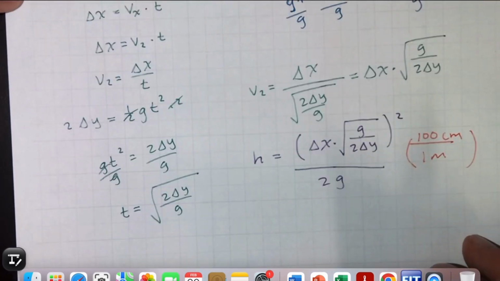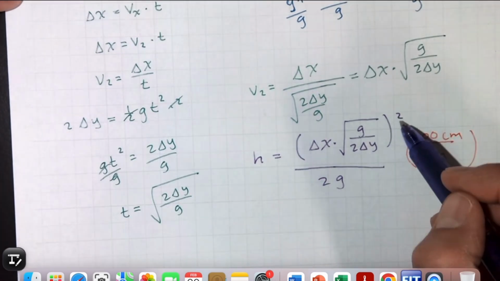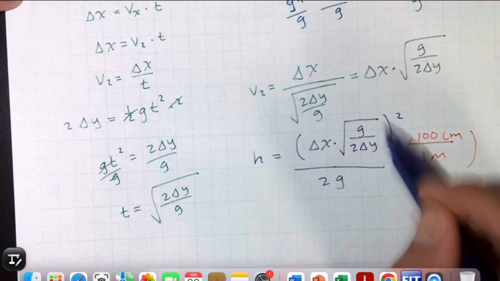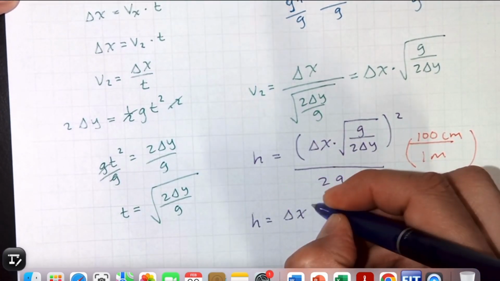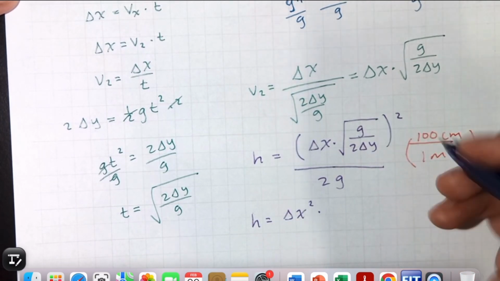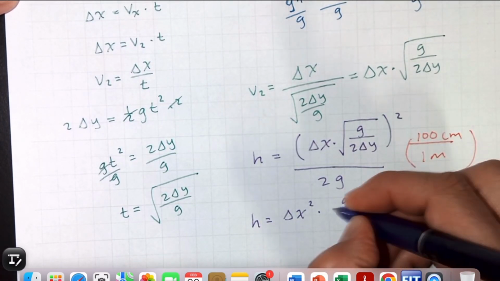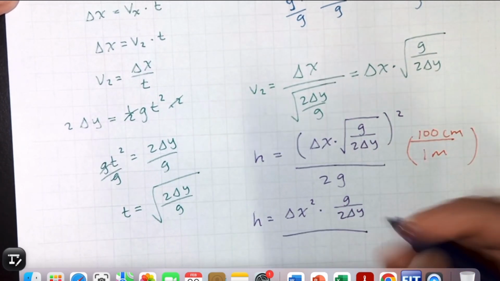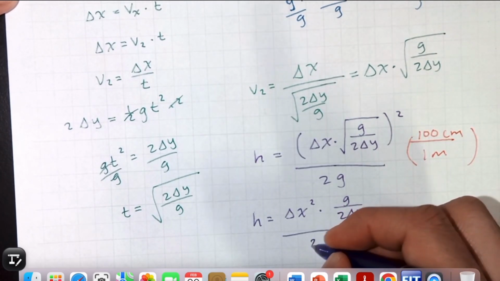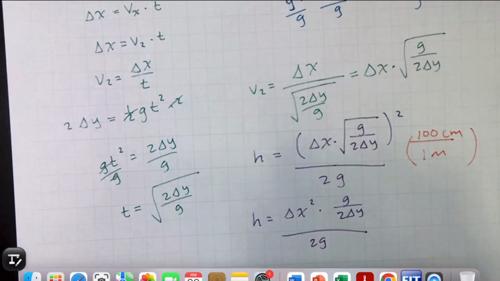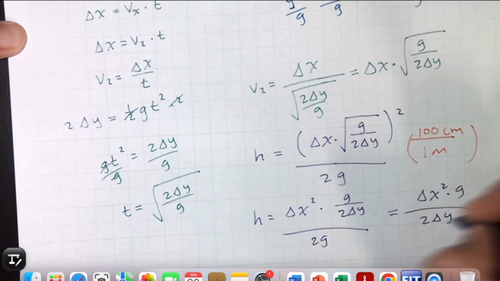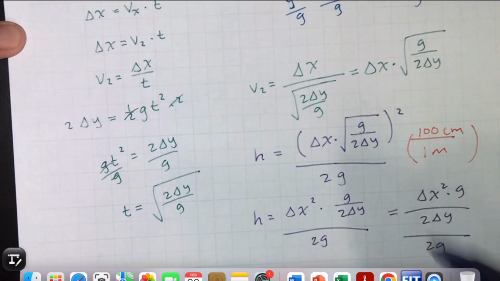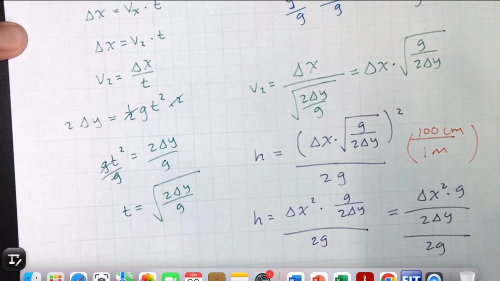Okay, so if you stayed for the algebra, we're going to square this numerator. This square is going to cancel the square root. Mathematicians don't like when I say it like that, but I'm into physics, so I don't care. I'm going to write this one differently. So then I'm just going to multiply these twos and then combine my expression.